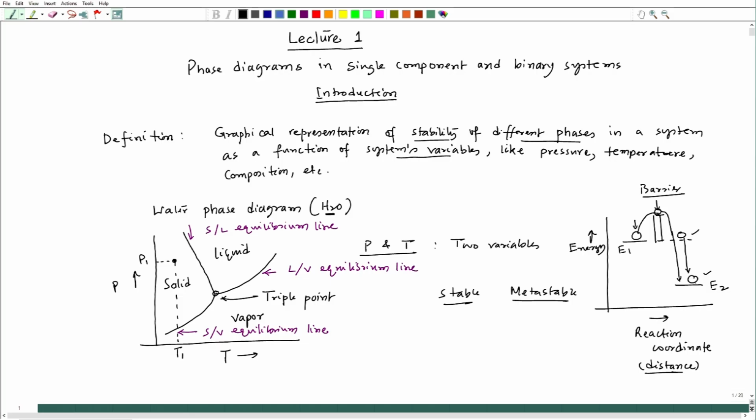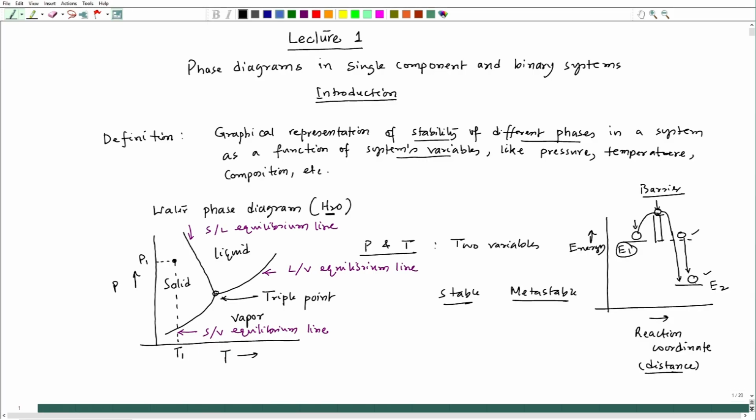So, when we take this instance, the ball at E1 has a tendency to go to E2, and then it will stand still, and in order to do that we have to lift it to the top of the barrier and then push it a little bit. So, this particular diagram gives me the idea of metastability.